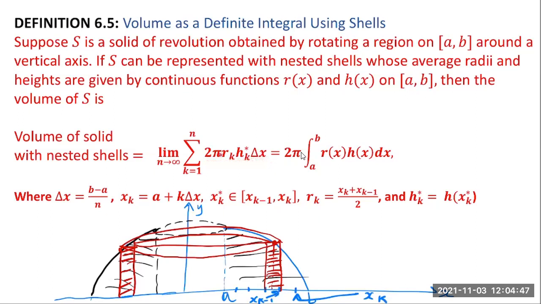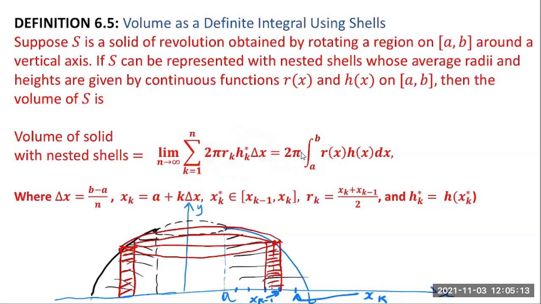Rk is the average radius, this midpoint, that means (xk minus 1 plus xk) divided by 2. And hk is the height of this cylinder at this midpoint, which we denote by hk star. Now this is simply the volume of the kth shell.